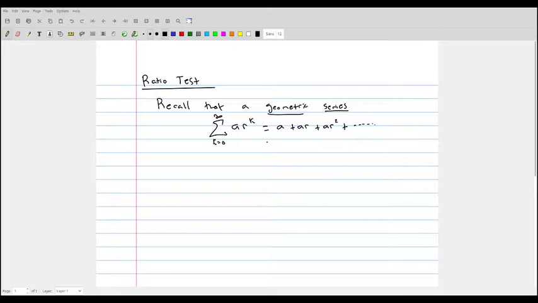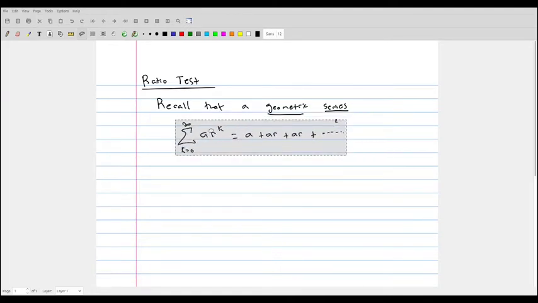And this converges. The defining convergence property that we showed for the geometric series is that it converges only when the absolute value of r is less than 1, or r is between -1 and +1, strictly.